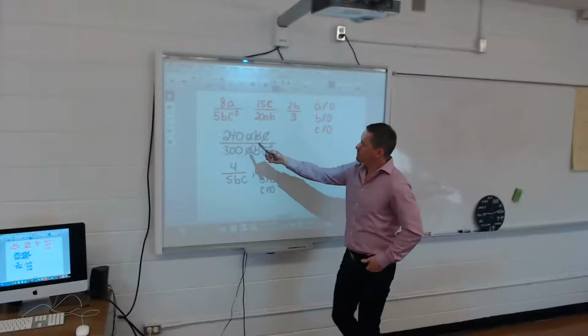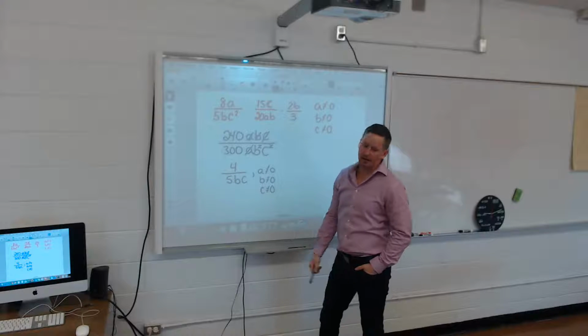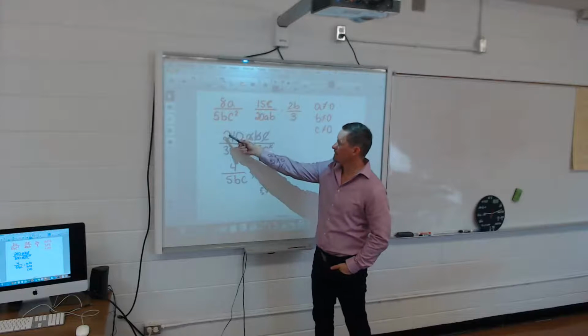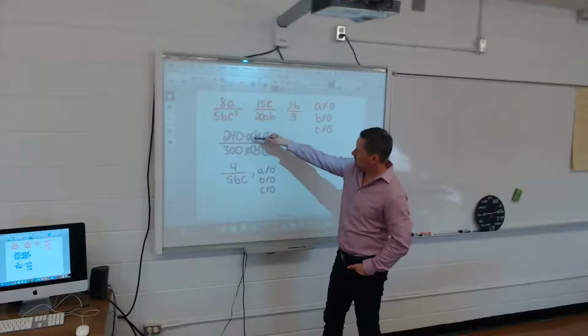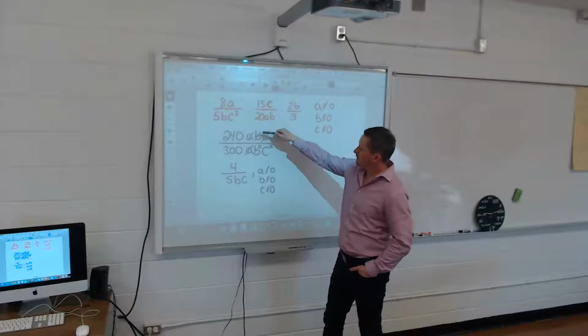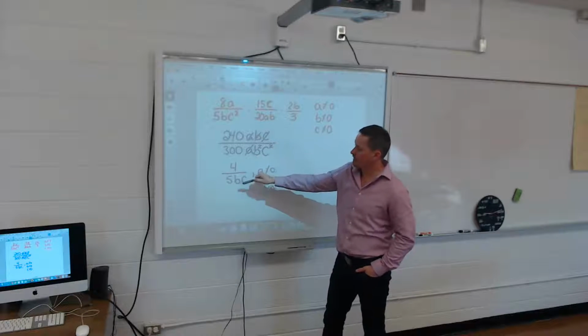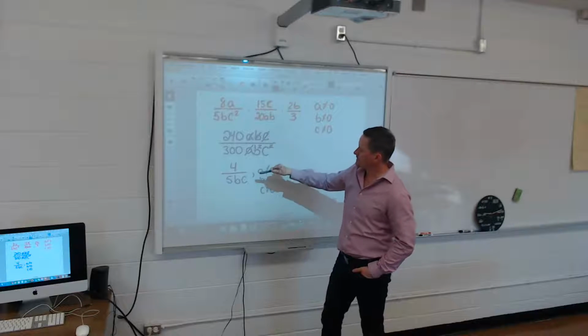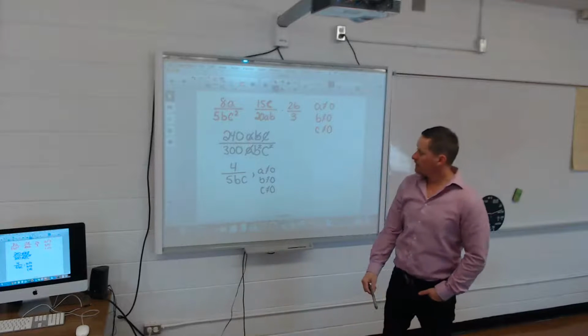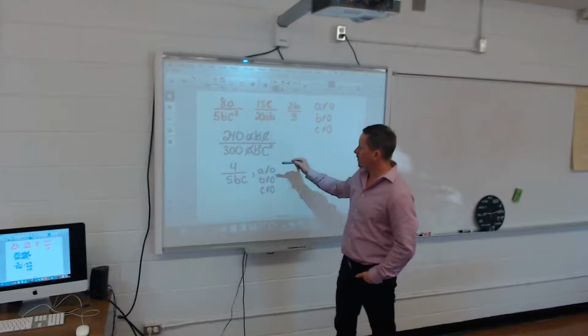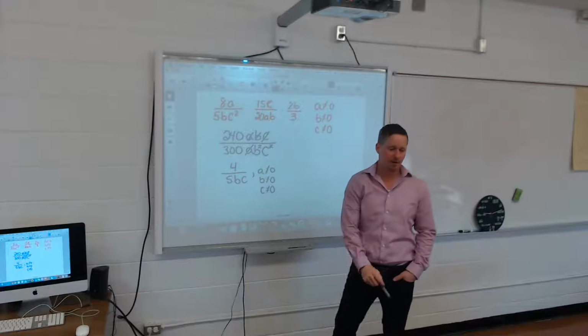All right, 240 divided by 300: 60 goes into that 4 times, 60 goes into that 5 times. The A's cancel. B over B squared leaves me with B on the bottom. C over C squared leaves me with C on the bottom as well. So for four marks, you need to have all of this as part of your answer.